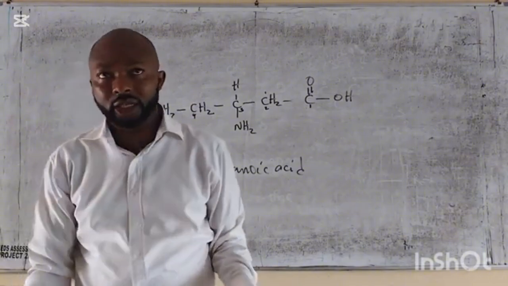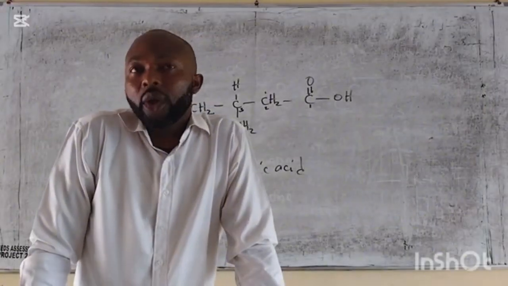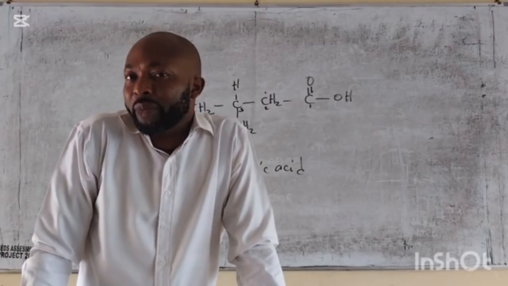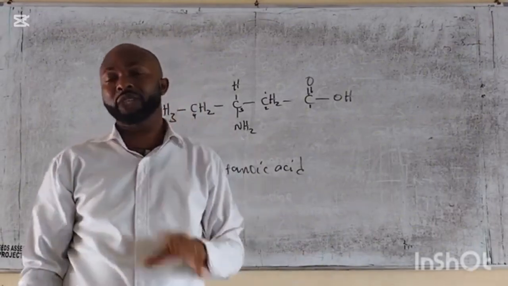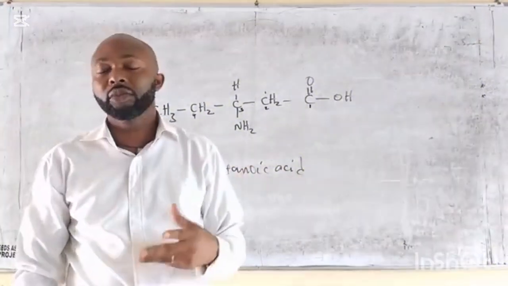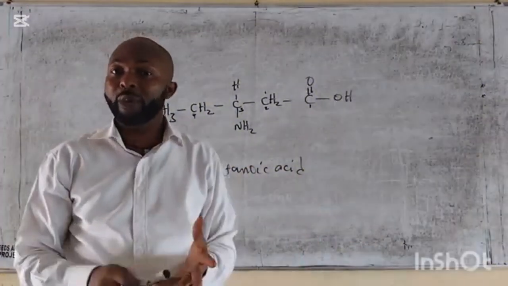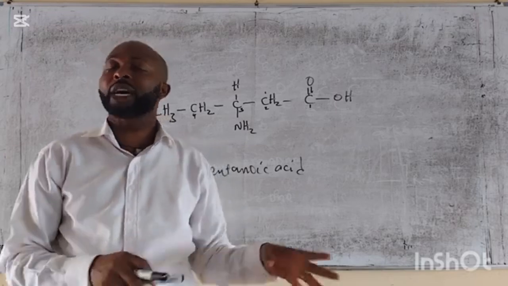In our next class, we should be taking alcohols and the various classes of alcohols, the primary, secondary, tertiary, and quaternary, which, like we discussed earlier when we started the introduction of organic chemistry, are the classes of carbon. With that knowledge, we'll be able to understand alcohols.